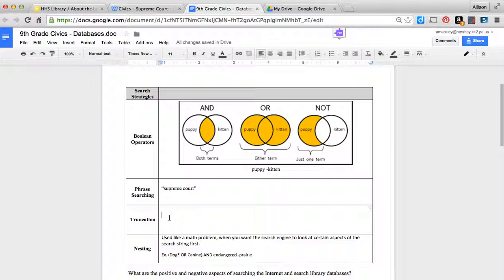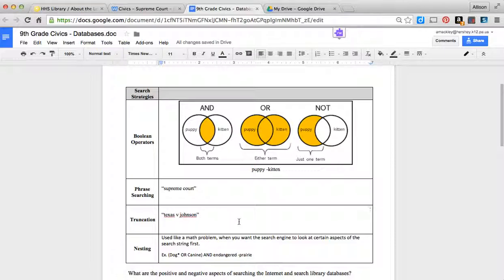Truncation is the third tool, and this one can also be pretty powerful. If you are searching your court case, Texas v. Johnson, and you want to put quotation marks around it because you'd like to find that together, it in an article might not have the V between it.